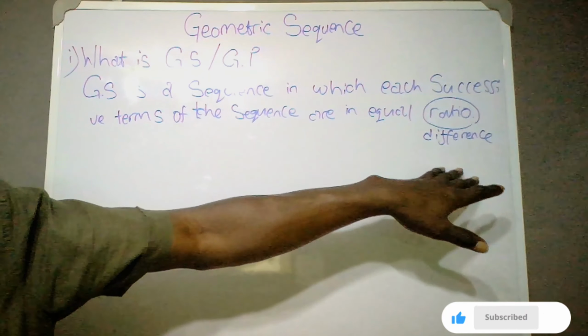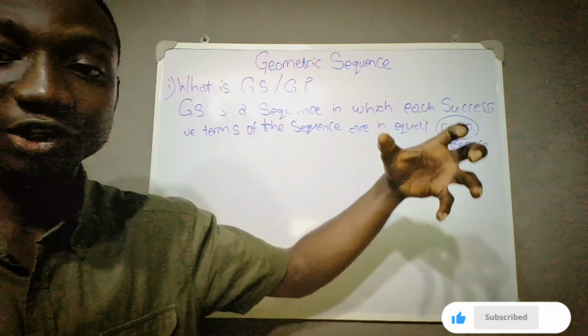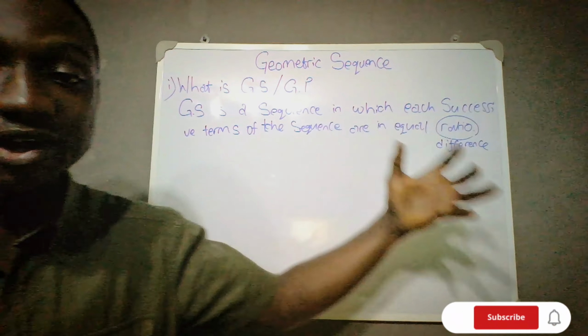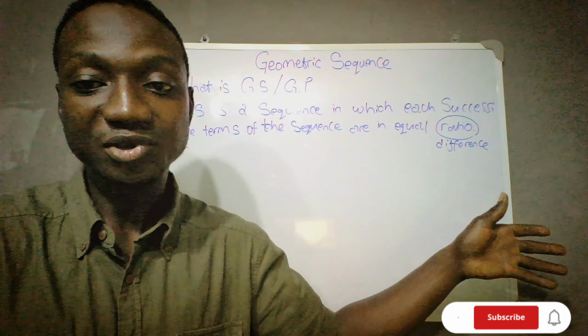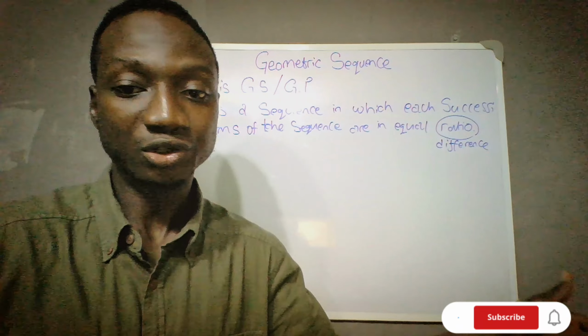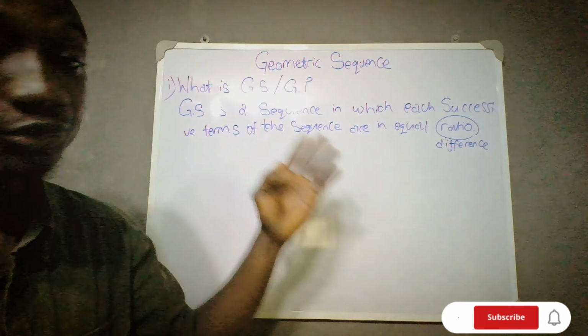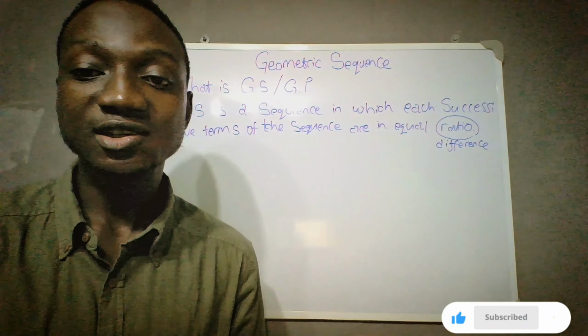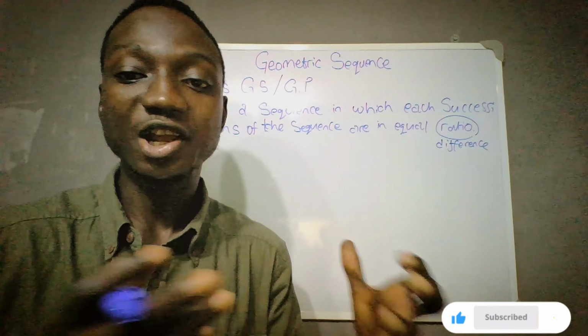Now, the rate at which the term changes, unlike AP, which is more of a linear progression, in the case of geometric progression, the change in the term is exponential.